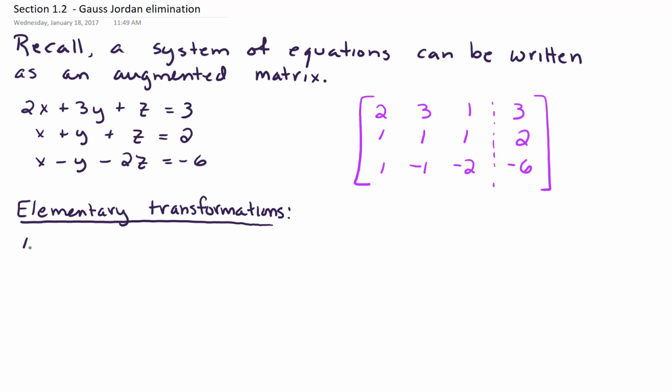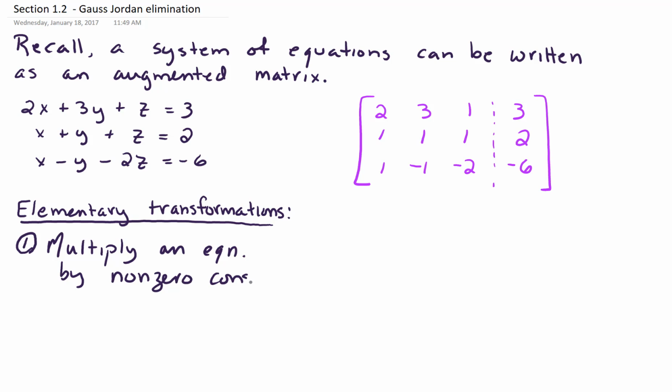One operation we can do with a system of equations is multiply both sides of an equation by a non-zero constant. Sometimes it's very convenient to multiply the second equation by -2 and add them together so that you can cancel or eliminate a variable.